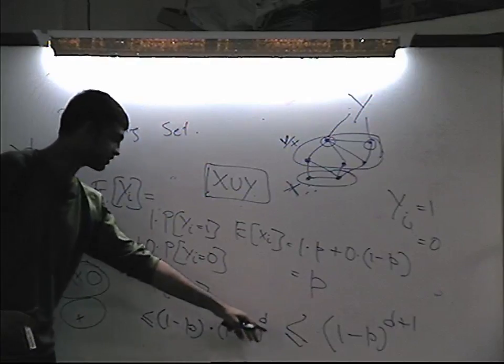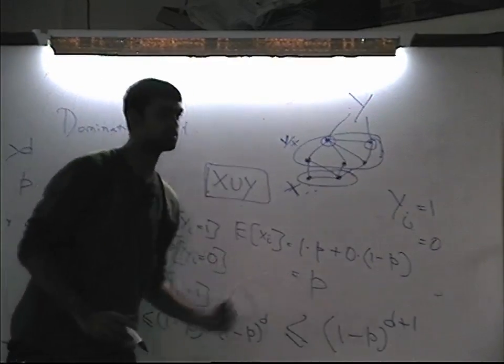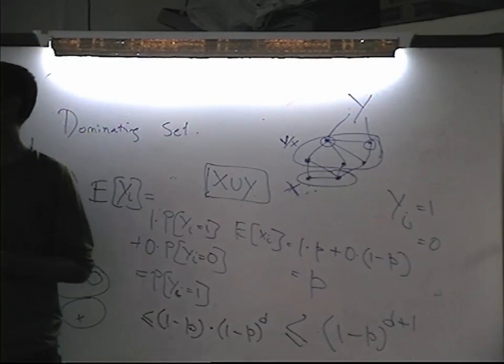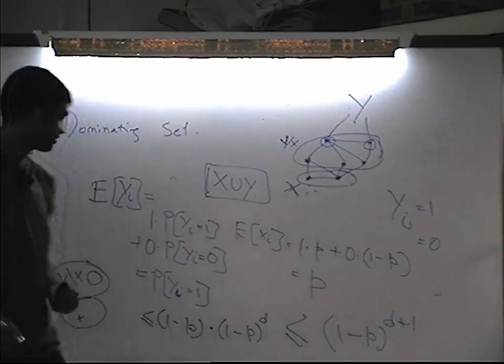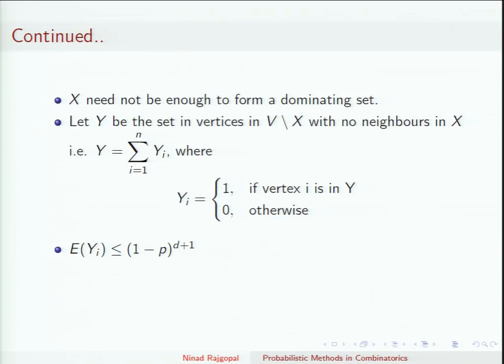So, it has d neighbors and none of them are present. So, this will just give me 1 minus p power d plus 1, and since the expectation of yi is just this, the expectation of yi is again 1 minus p to the power of d plus 1.